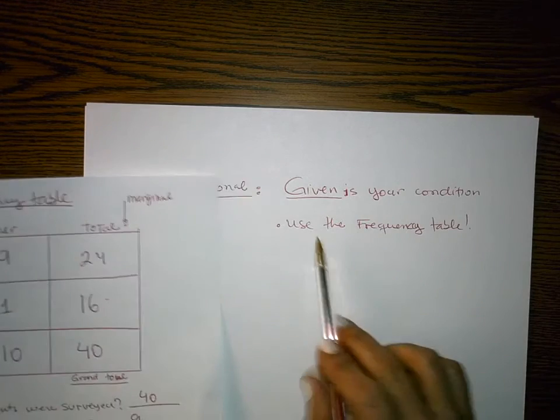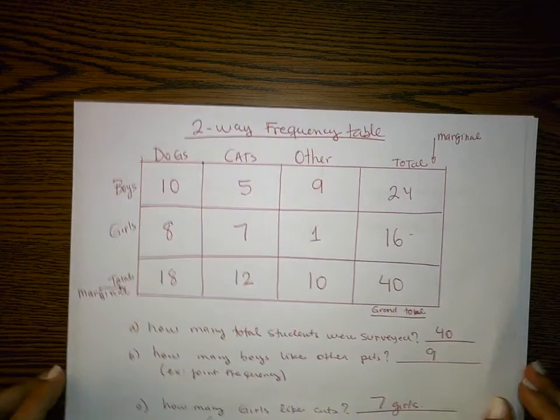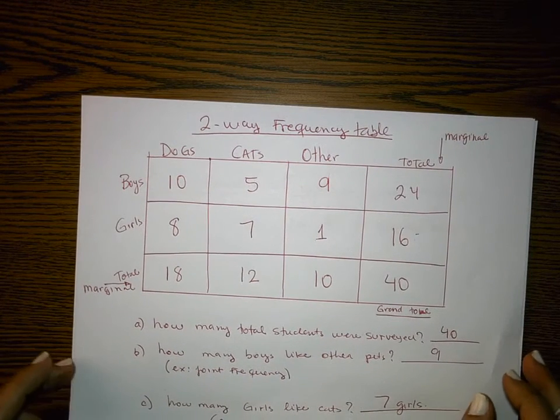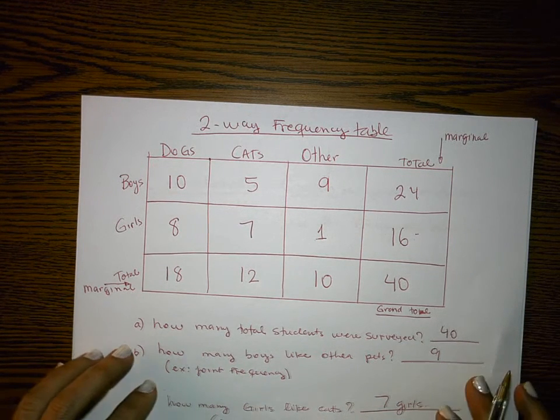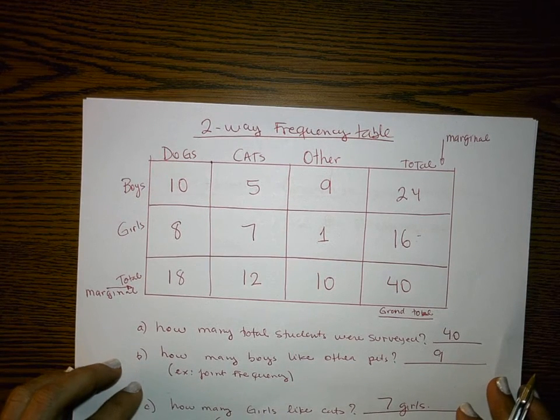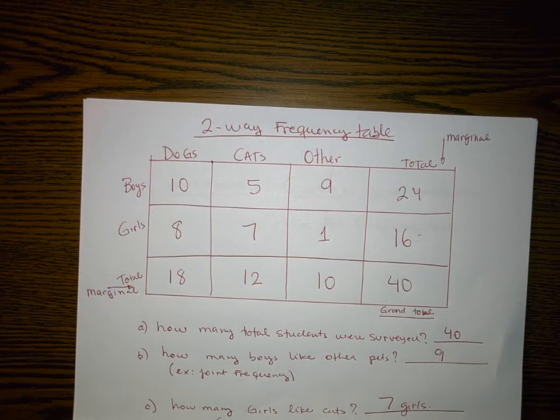Use the frequency table. I can ask you, find the conditional relative frequency. So conditional, I have to give you a condition, and relative frequency is percentage. So find the conditional relative frequency that a student surveyed prefers cats given the student is a girl.